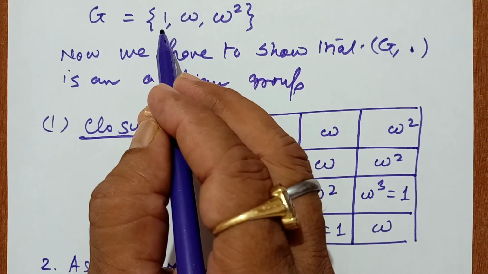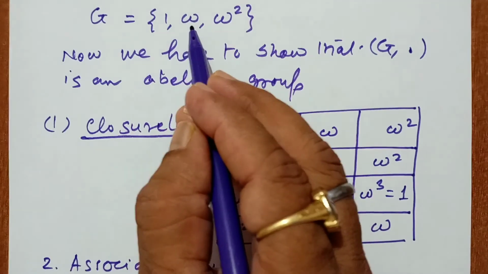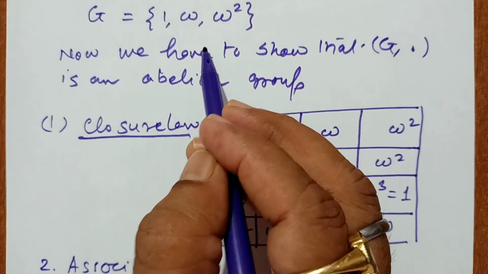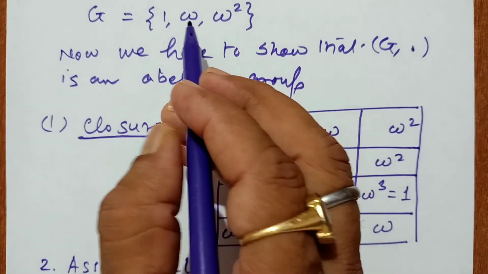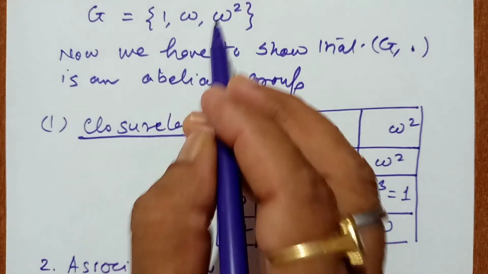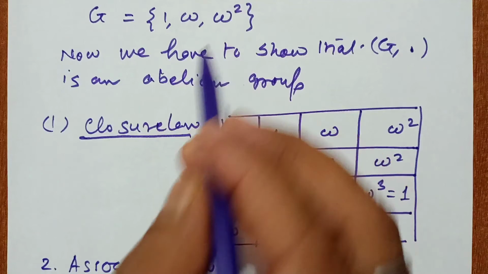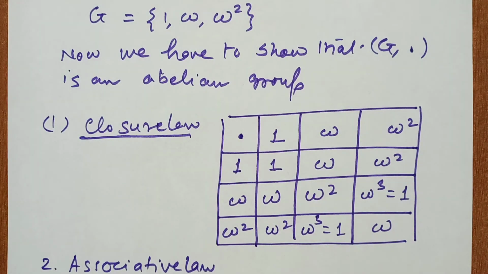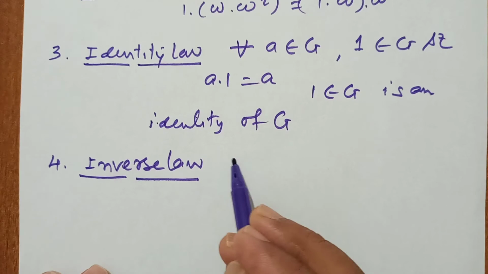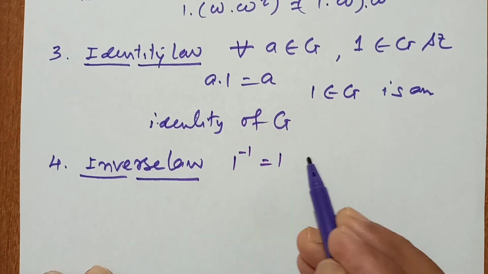What is the inverse of omega? 1 upon omega. We prove that 1 upon omega belongs to G, and the inverse of omega square is 1 upon omega square, so 1 upon omega square is also in G. This is very easy to explain. The inverse of 1 is 1 in G.